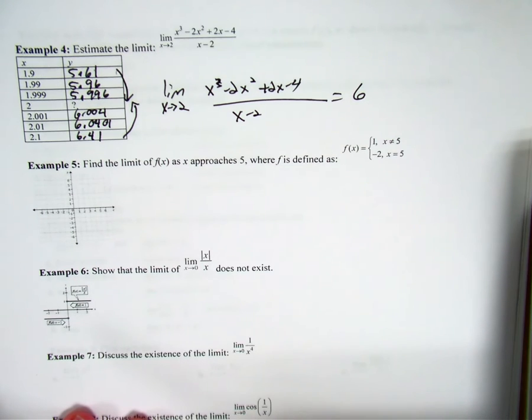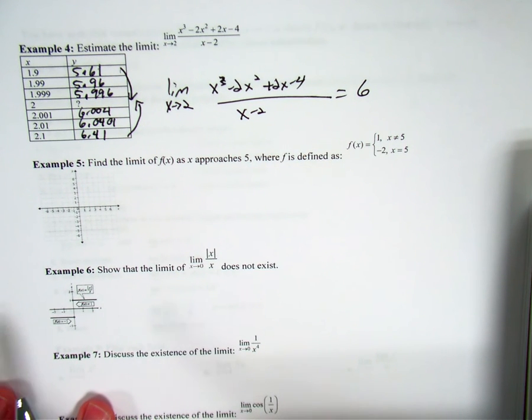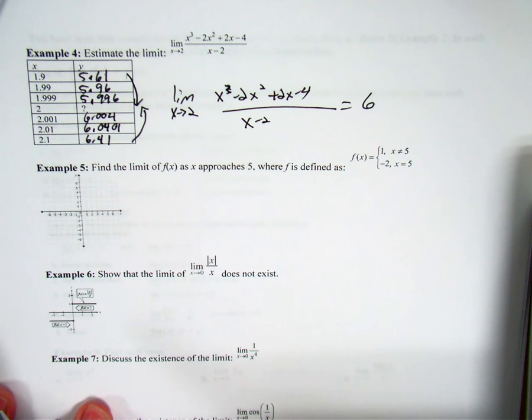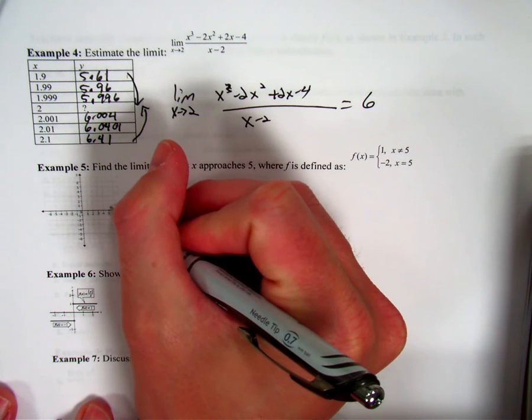Find the limit of f of x as x approaches 5, where f is defined as 1 for everything when x is not 5, and negative 2 when x does equal 5. So everywhere it's 1, except for at 5.